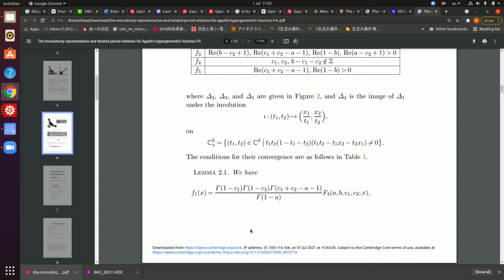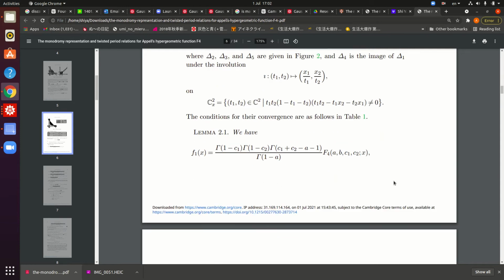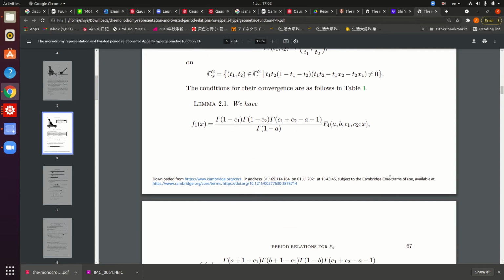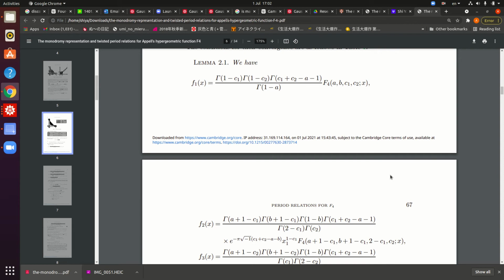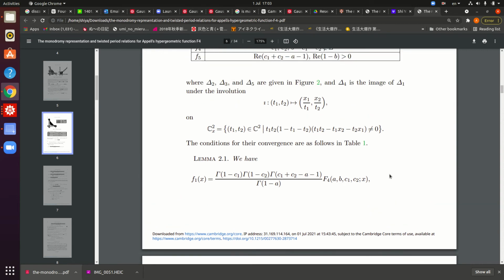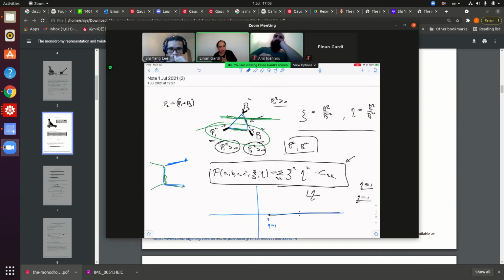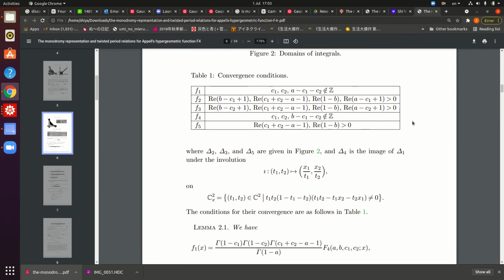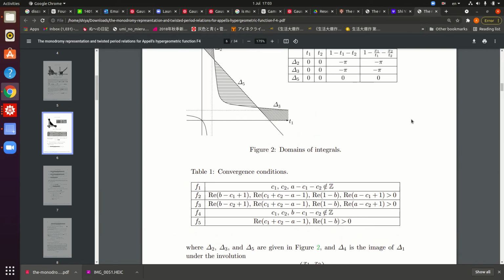Maybe we can regard the defining one as F1. F1 is defined with delta 1. And I'm not sure what delta 1 is. I think it's the most complicated one, unfortunately. What is delta 1? Let me just go up a little bit to make sure that I don't say something wrong.